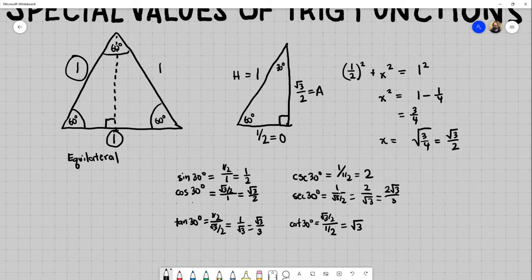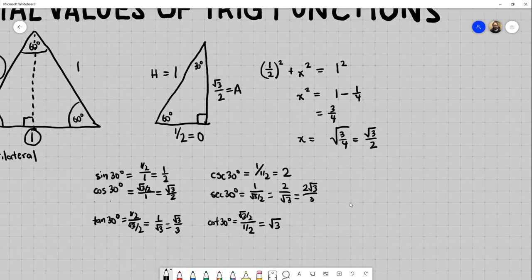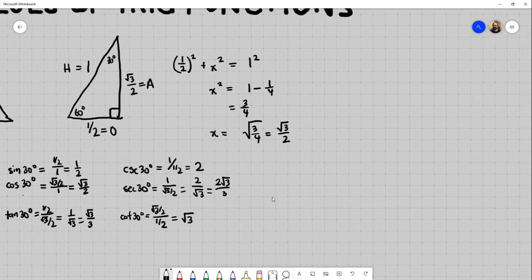We can also find the trig values for 60 degrees. So looking at that same right triangle, we want sine of 60 degrees. So now, I guess relative to 60 degrees, these sides have changed. The hypotenuse is still 1, but now 1/2 is the adjacent side, and root 3 over 2 is the opposite side.